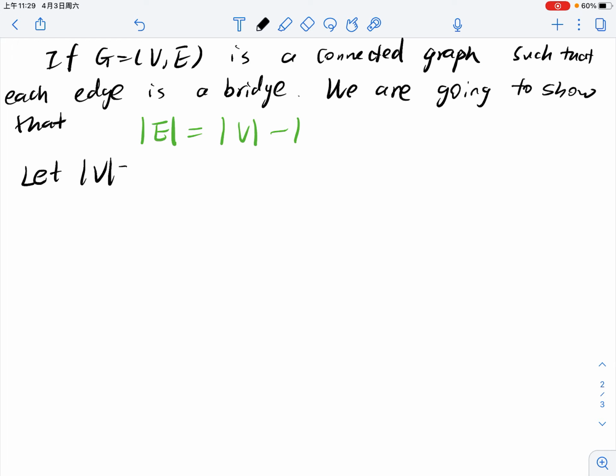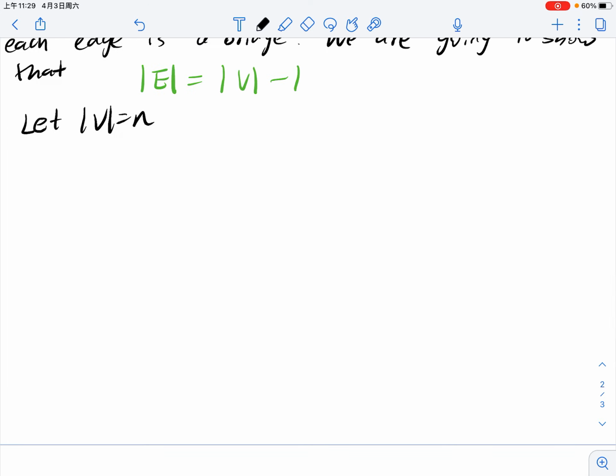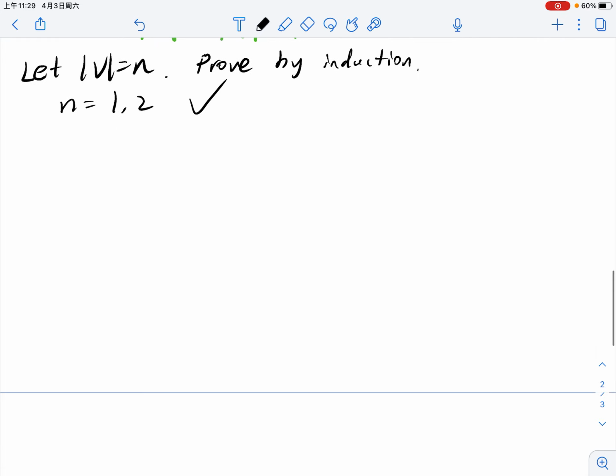For convenience, let's assume the graph is of order n and prove by induction. When n is 1 or 2, we can verify manually that theorem A holds.